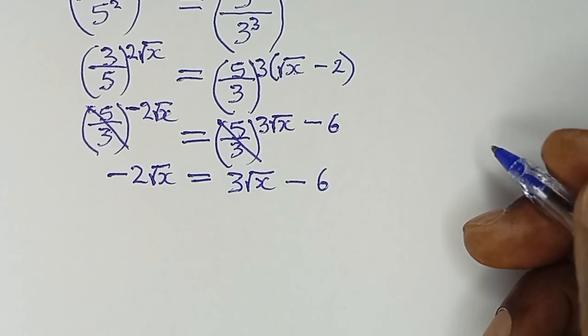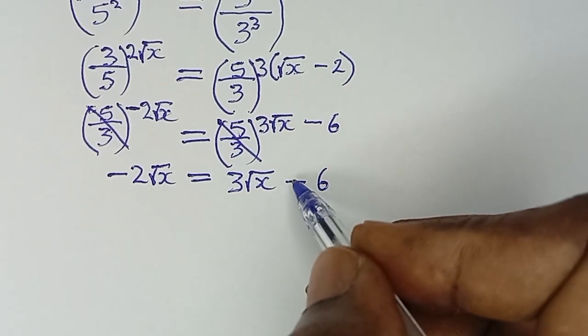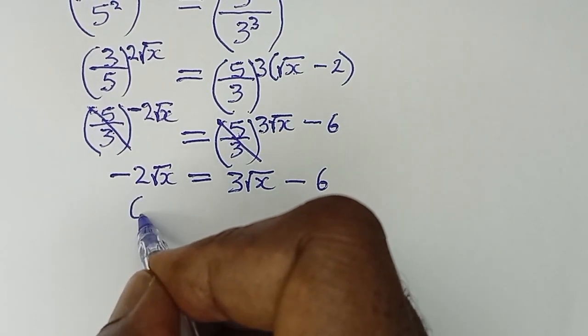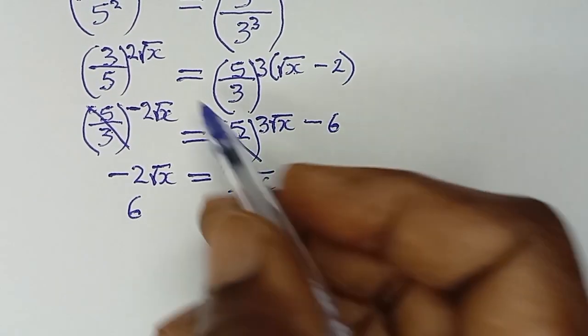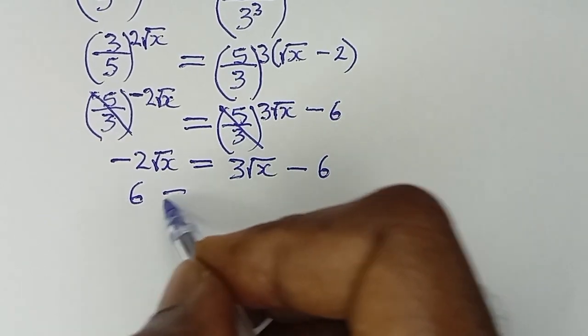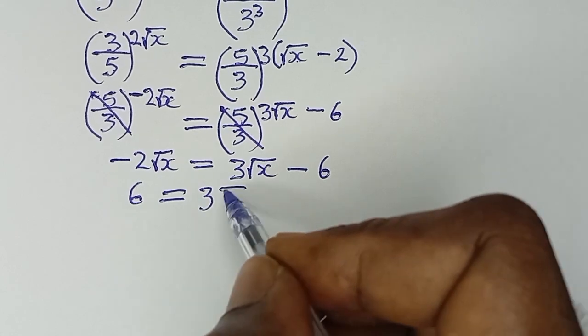Now let me collect like terms. I want to avoid a negative sign, so let me take this −6 to the left-hand side. It becomes positive 6. And that will be equal to 3√x here.